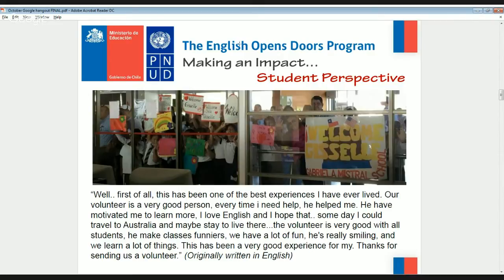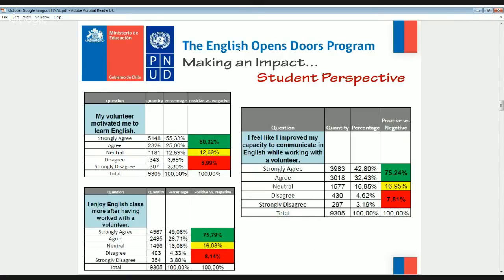Okay. So we'll share some more survey results with you. We're going to share some surveys from the student perspective and from the teacher's perspective. So we'll start with the student perspective. We asked students various questions. For example, did their volunteer motivate them to learn English? And as you can see, the results were incredibly positive.